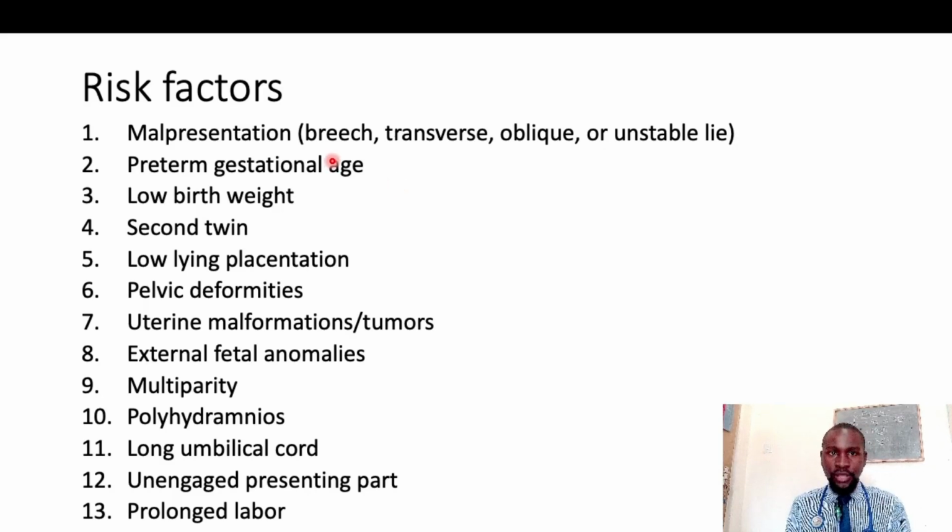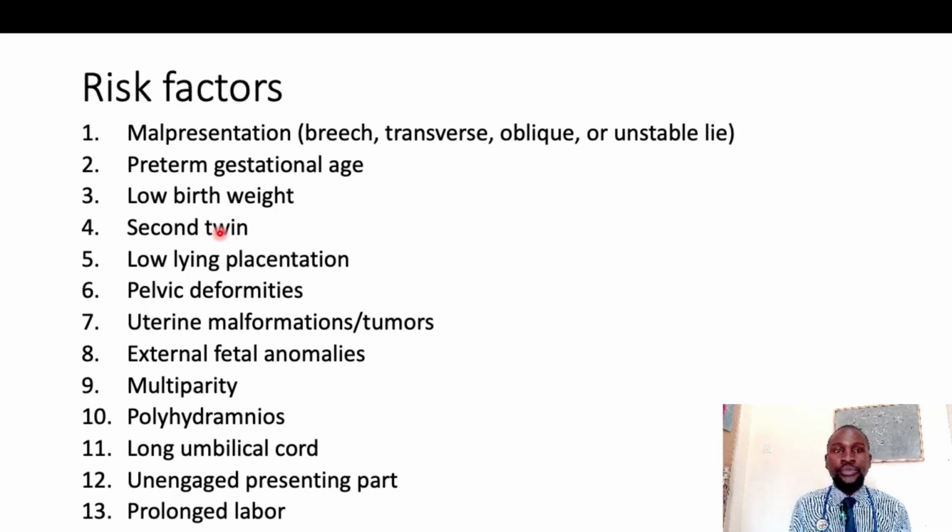They're born too early. So if you have a preterm gestation age, the baby is small, and because the baby is small, they cannot fill the pelvis. So there's space left. With a low birth weight, the baby is still small, so the cord can easily prolapse. A second twin: remember the first twin is born, and the second twin can even change the presentation.